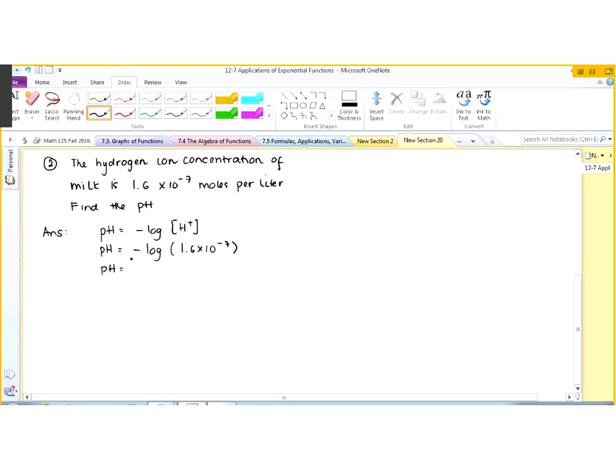So what's the answer? 6.8. So it's actually acidic. Is it a strong acid? No, this is a very weak acid. So this is acidic too, but only slightly acidic. It's closer to neutral, closer to water than anything else.